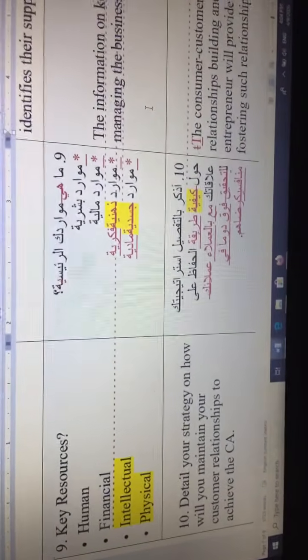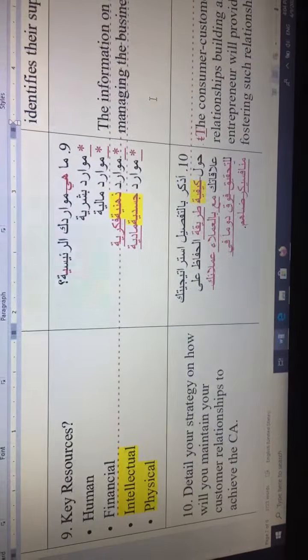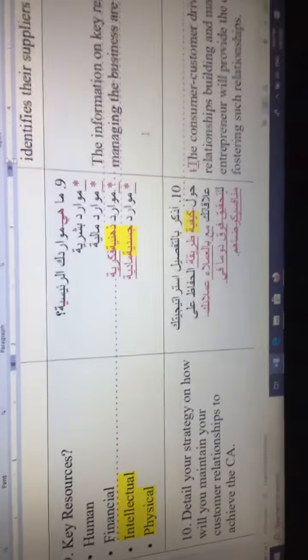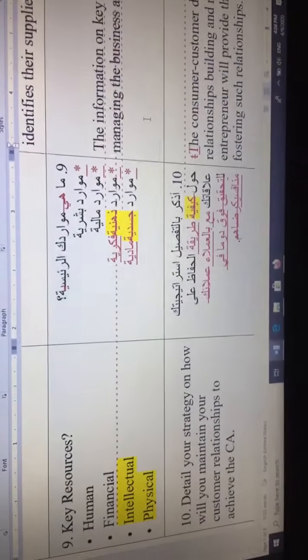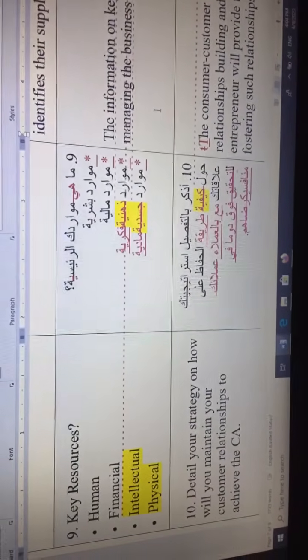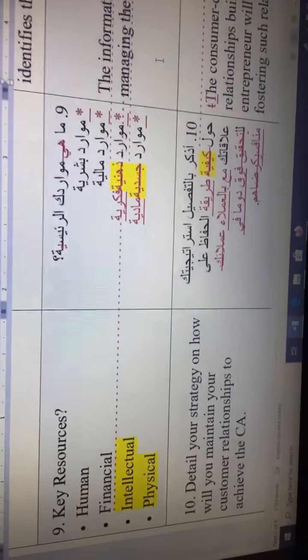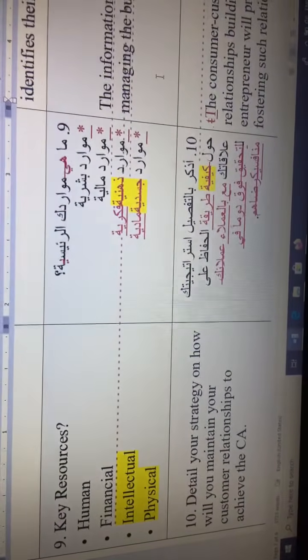But what's more interesting is words like financial, intellectual, and physical. Now here I'm just going to say that the word financial, and there's also the word fiscal. Fiscal means naqdi, and financial means mali. When you are differentiating between the two, you can do that.